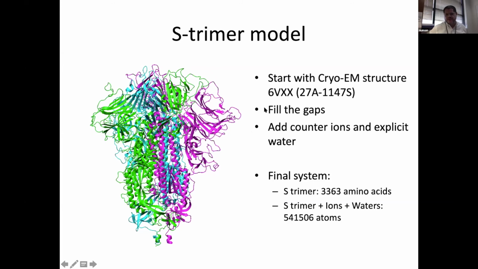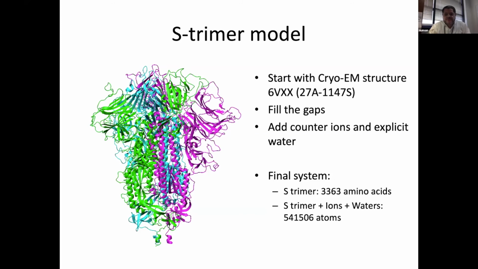So fill the gaps, and then add counterions to achieve electrostatic neutrality. And then finally, I would like to have explicit water around this whole trimer to simulate the system.